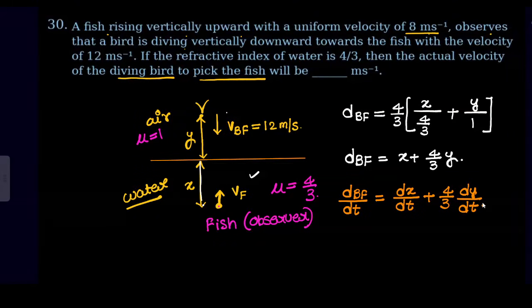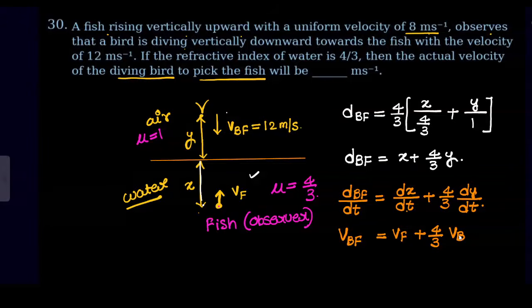So this is nothing but the velocity of the bird with respect to fish, which is equal to dx by dt, that is the fish velocity. We can write this as vf plus 4/3 into the velocity of the bird.